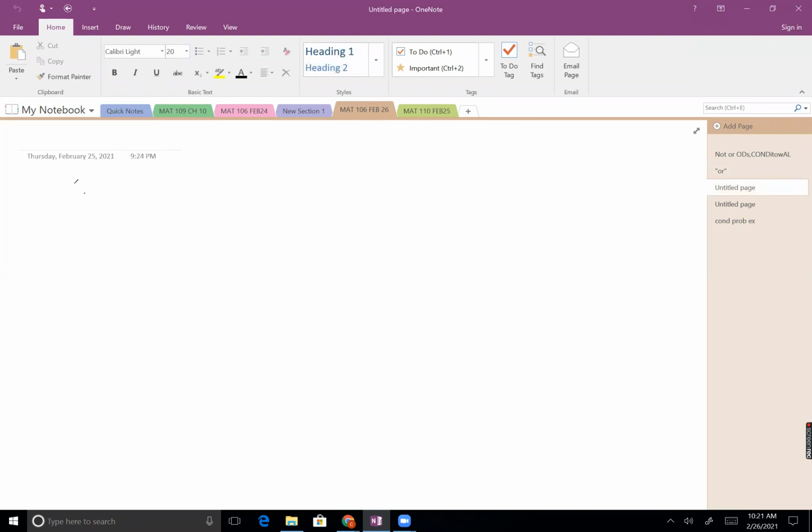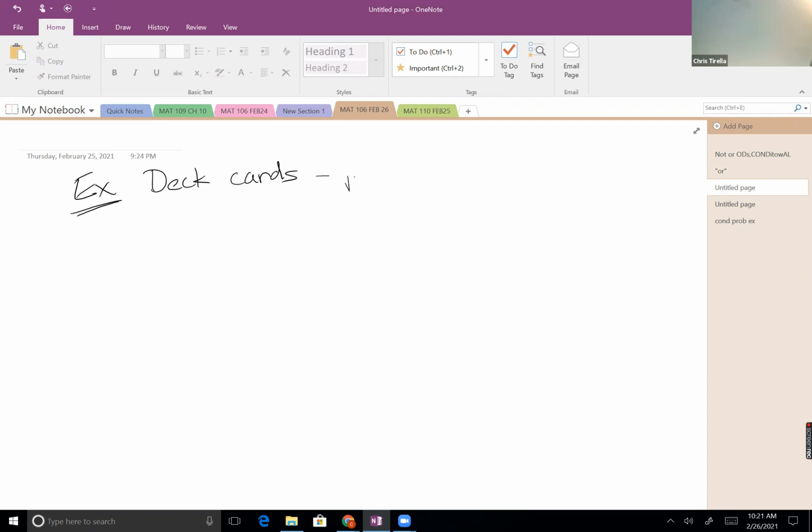So let's do another example. That same deck of cards that are well shuffled. You want to pick one. What's the probability of a heart or a queen?